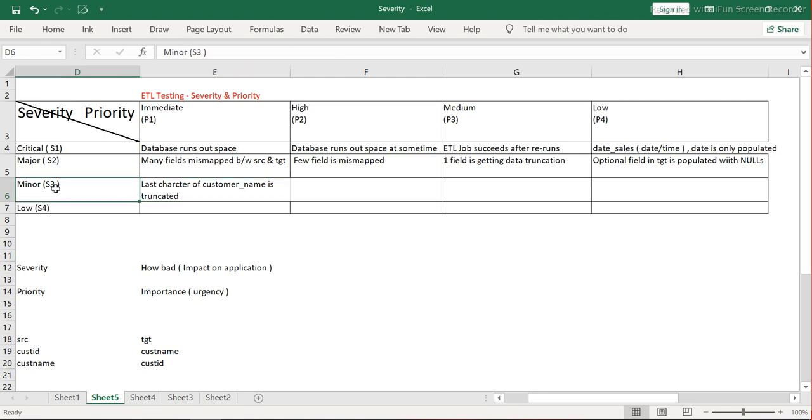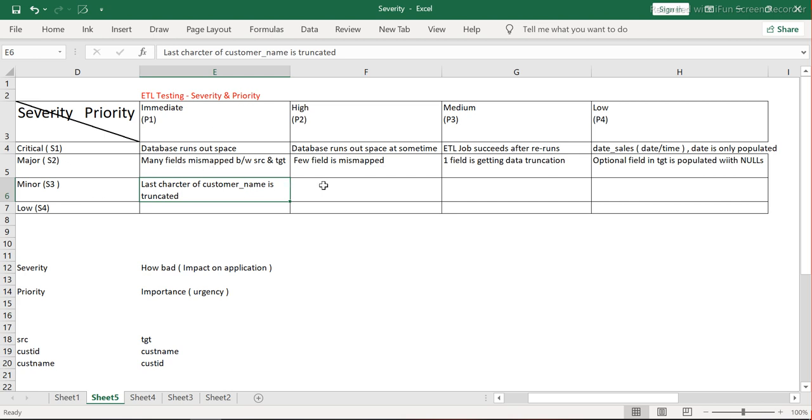This is not really creating a lot of problems. It is a very small issue, but it needs an immediate fix. Why? Because the customer name is very sensitive, and you cannot just truncate it. So that is the reason it is minor, but it needs an immediate fix, guys.